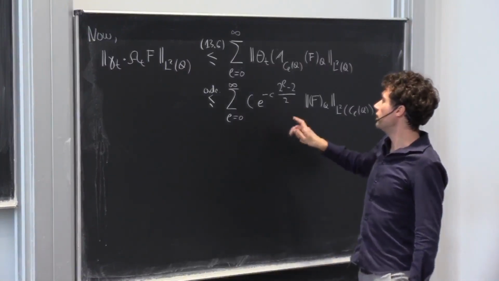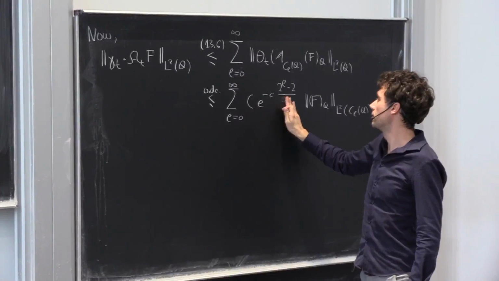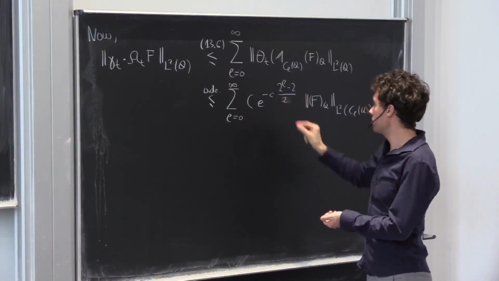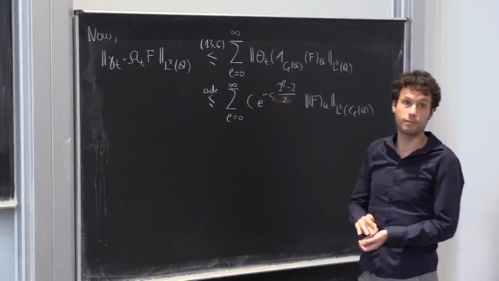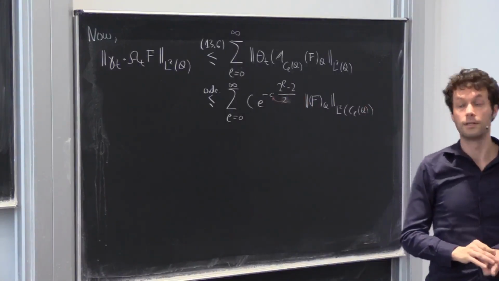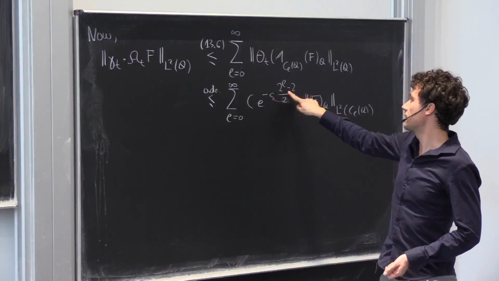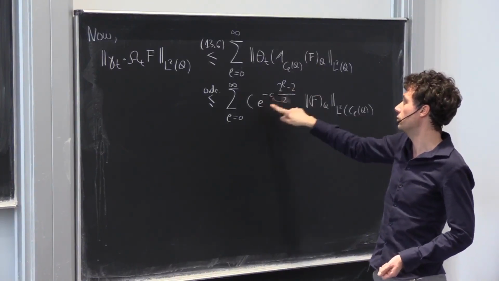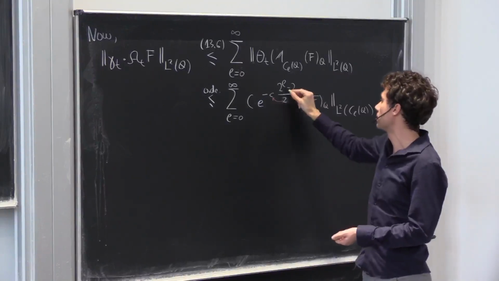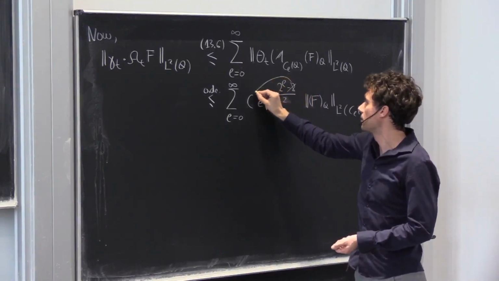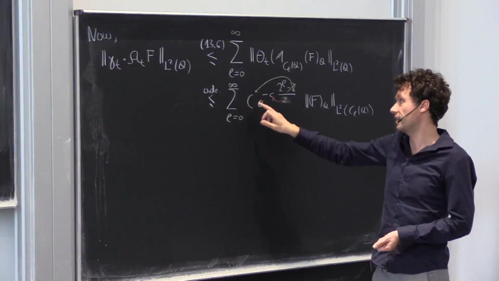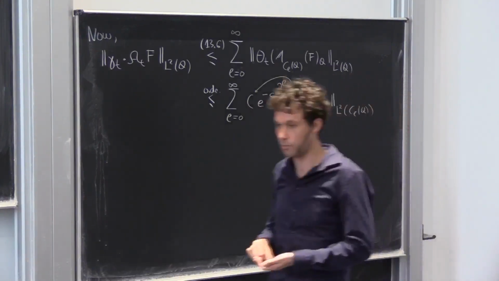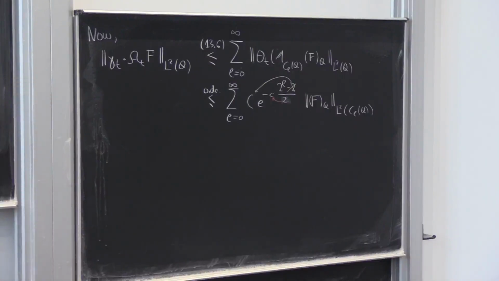So instead of the 2 here, I can erase the 2 by just replacing c by c over 2. And I can also erase the minus 2 here because it gives e to the small c times 2. Well, that just goes into the constant here. So this one I can also erase by changing the value of the constant. So in the end, I have just a constant times e to the minus a constant times 2 to the L. That's what I have. Right, so that's the sum.